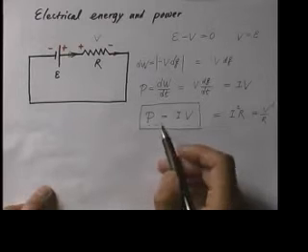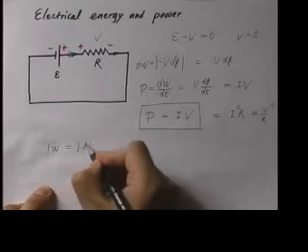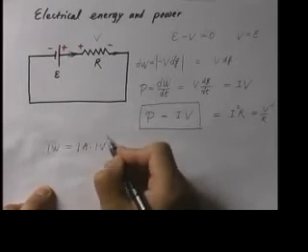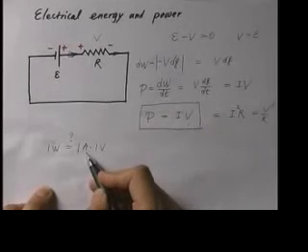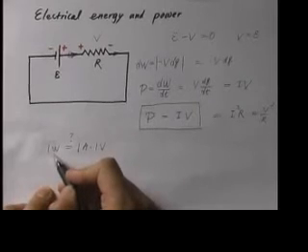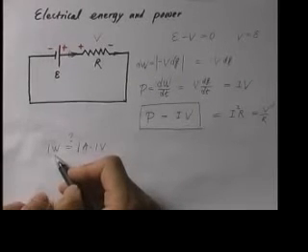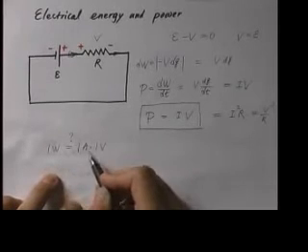So, is it true that 1 watt is equal to 1 amp times 1 volt? This is named after Andre Ampere. This is named after Alessandro Volta. This is named after James Watt. As far as I know, these three people have never met. Is it true that 1 watt equals 1 amp times 1 volt?